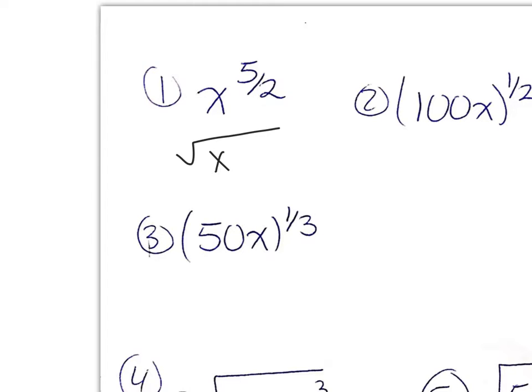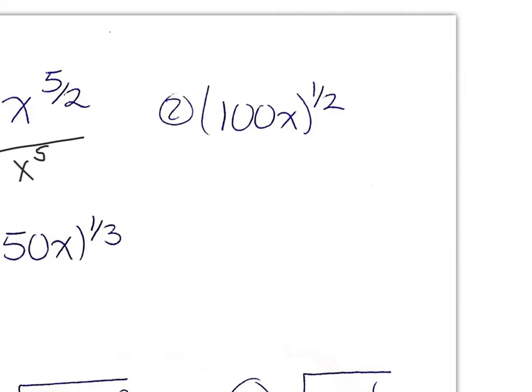The index is on the bottom, so the 2 is out here, and the exponent is on the top, so the 5 is right there. And remember that when our index is 2, we don't have to write it. If it isn't there, it's automatically assumed that our index is 2.